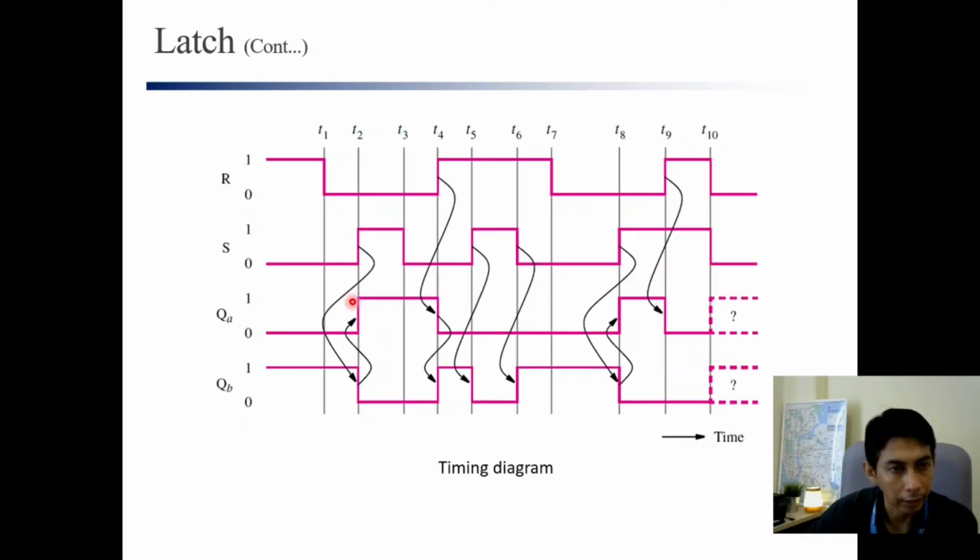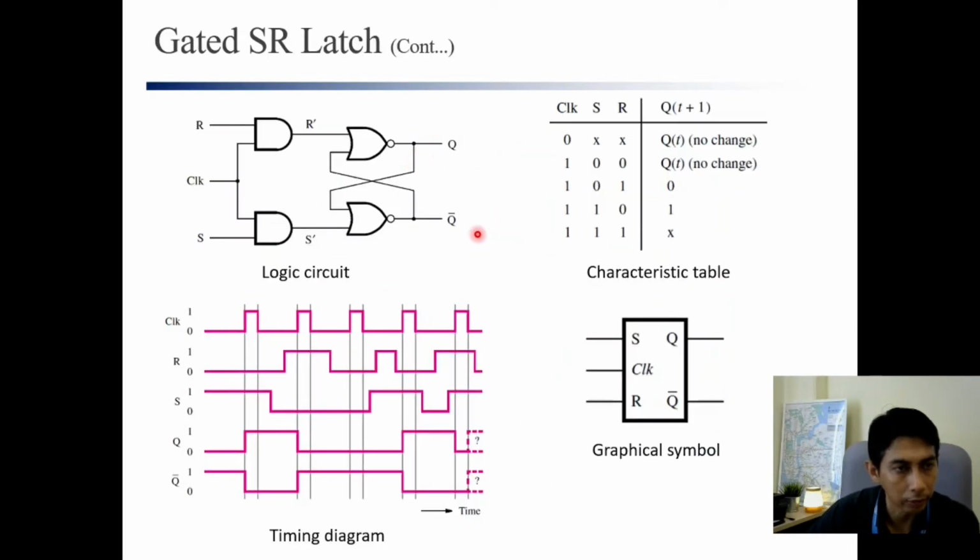I think you have learned this in previous courses in your undergraduate course already, so we can go fast. This is what we call the gated SR latch, where we have the clock.